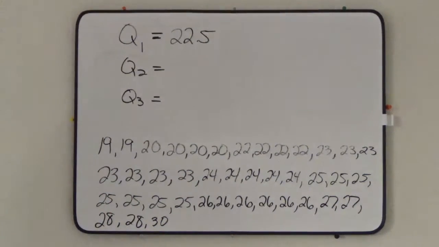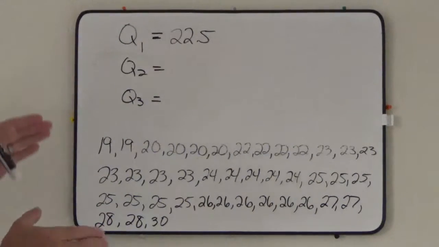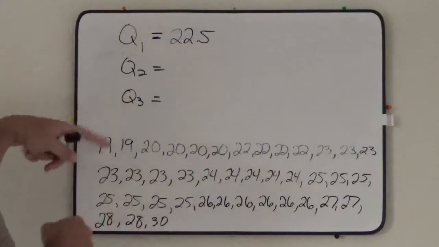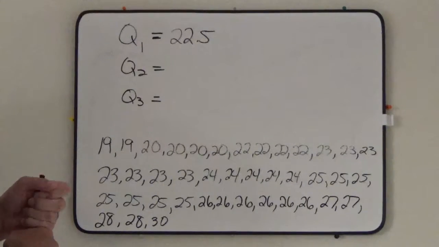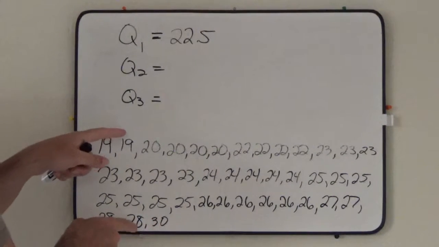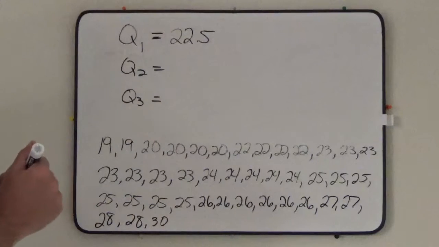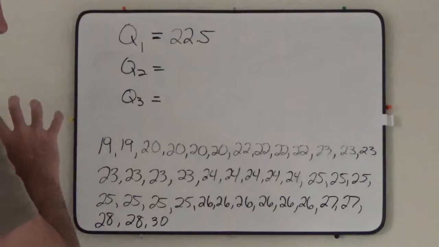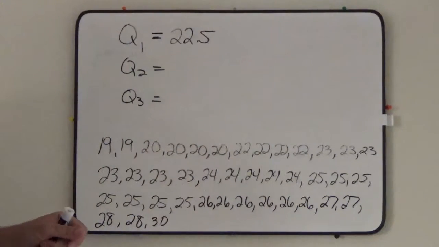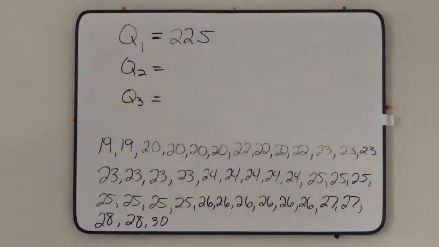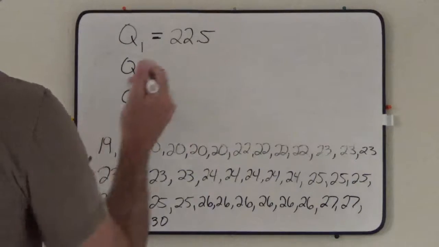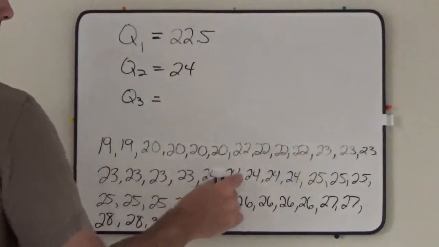Now it just so happens that the answer is 24. You guys can spend the time doing that. You can cancel them out one at a time until you get to the middle, which is something that I often do. Or you can just take the time to point and hope you don't mess up. Whatever it takes, you first need to order it from least to greatest like I did, and then you need to find the middle number, which in this case is 24, I believe. Yep, 24. So 24 is the middle number.